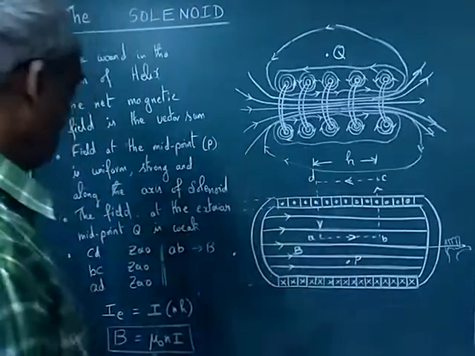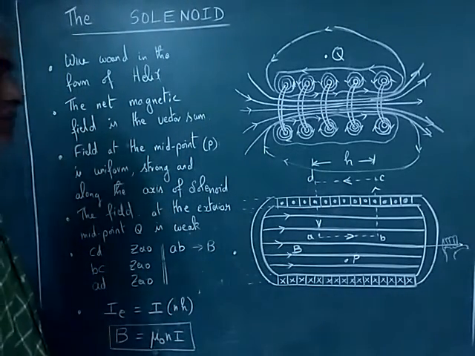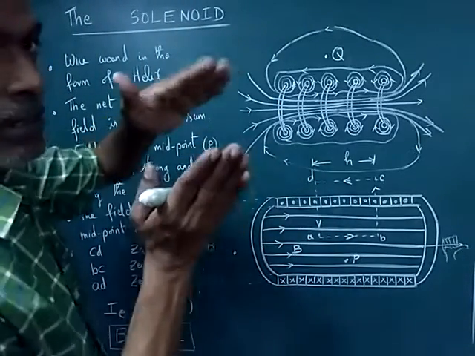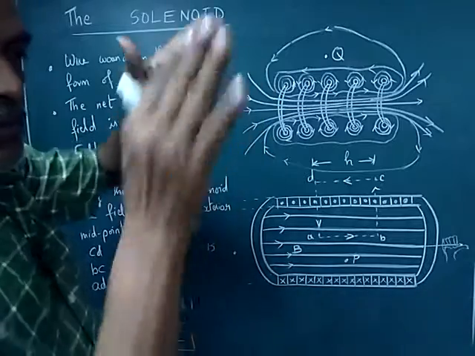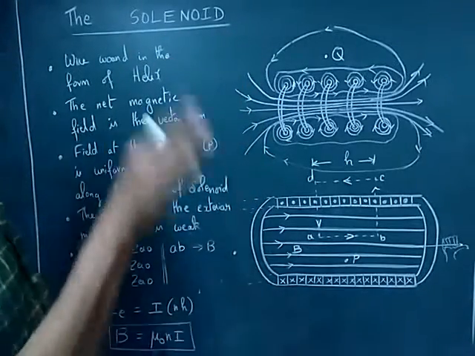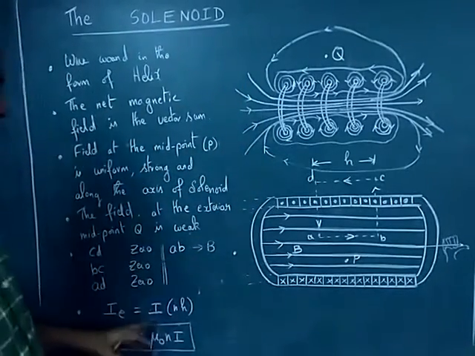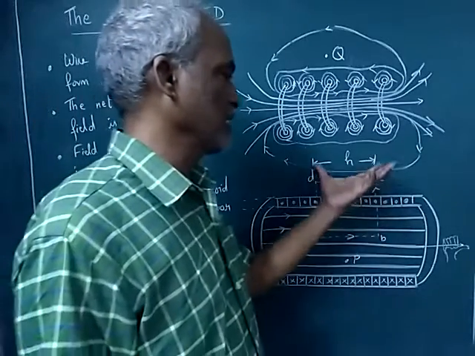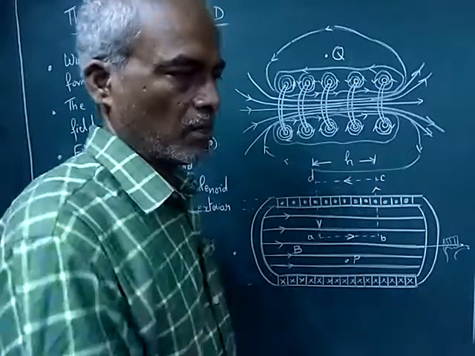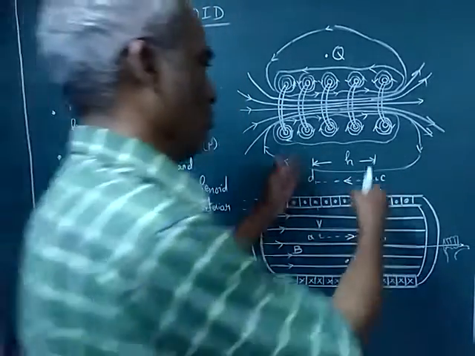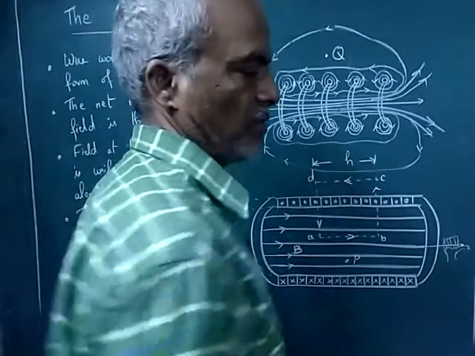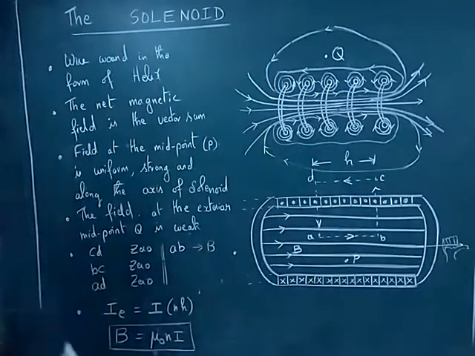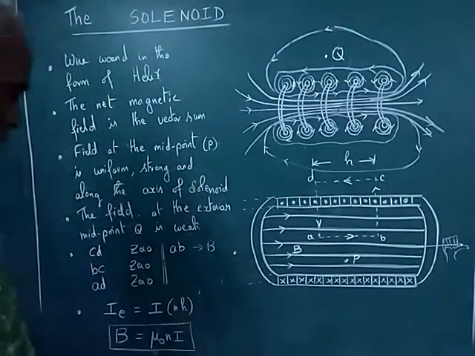Okay. So the enclosed current, the current in the solenoid, in the helical windings, is given by I into N times h, where N is the number of turns and h is the length of the solenoid. Now we have taken only this portion. If it is very big, you must include that length.